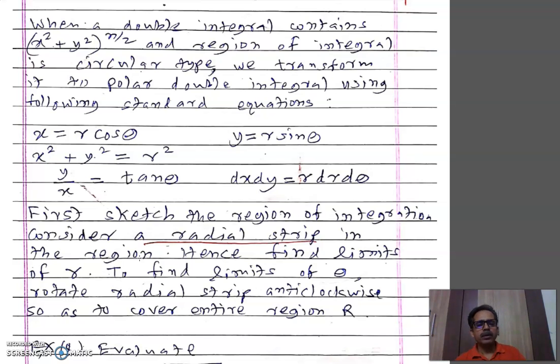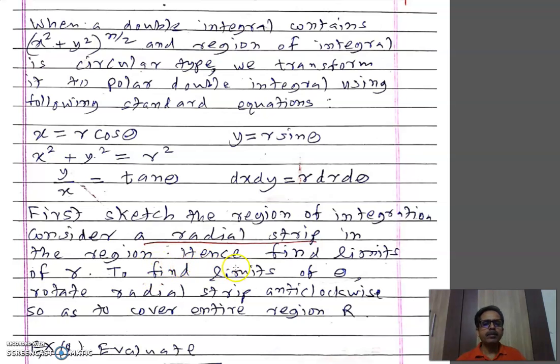When we want to integrate with respect to y first, we consider a vertical strip in region R while solving a Cartesian double integral. When the region is given, limits are not given. But in this type, we have to consider a radial strip in the region and hence find limits of r by using equations of curves.